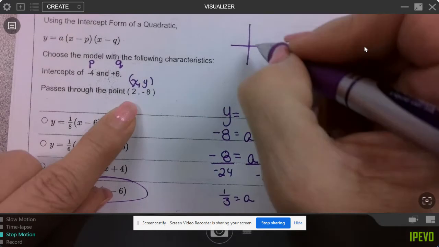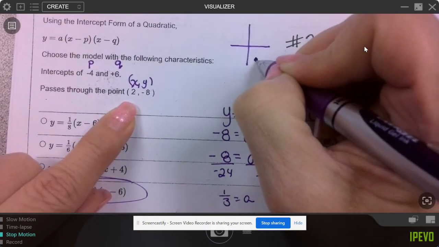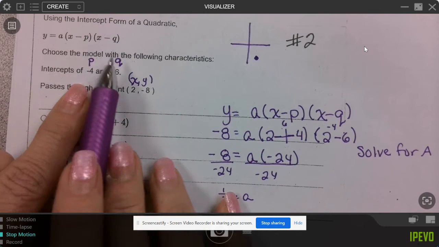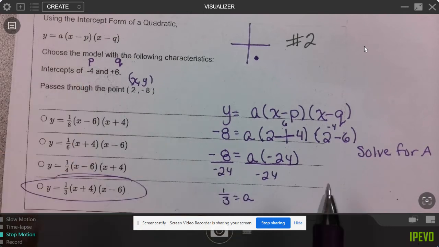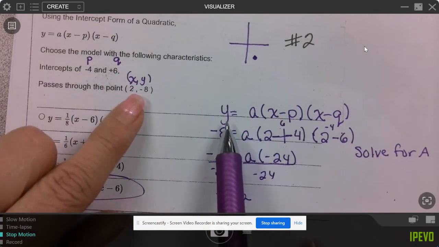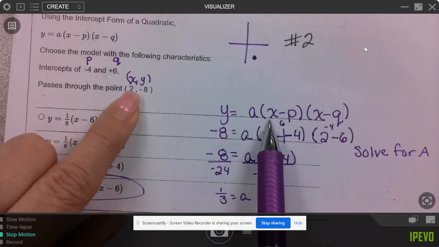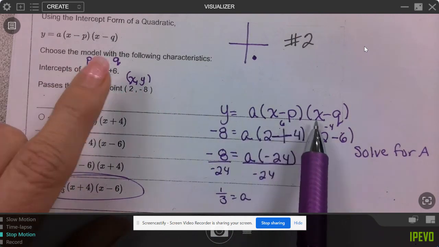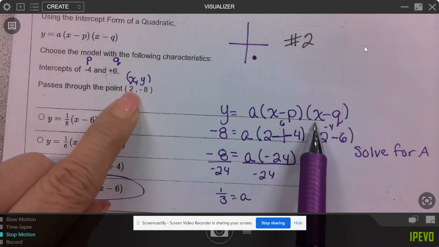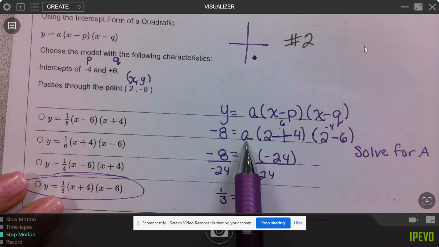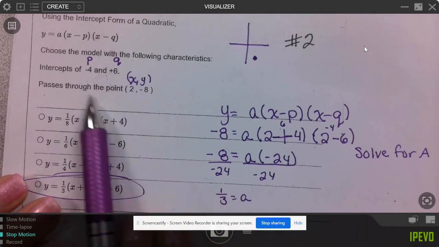I know that 2, negative 8 is that point, and these are intercepts, so they've got to be those other random letters right there. So I'm just going to plug in y, x, p, x again, right here, and q. So obviously I'm looking for the letter a because that's the only letter that it's not given.